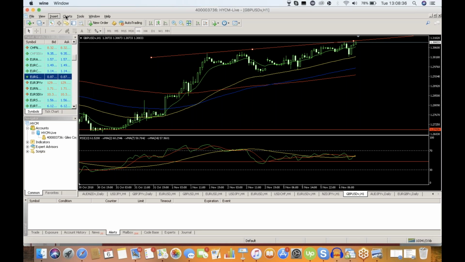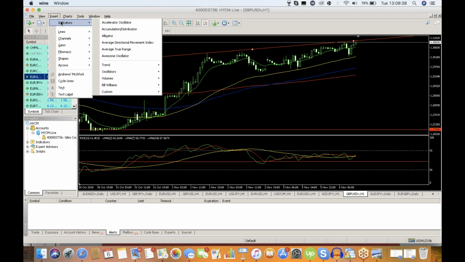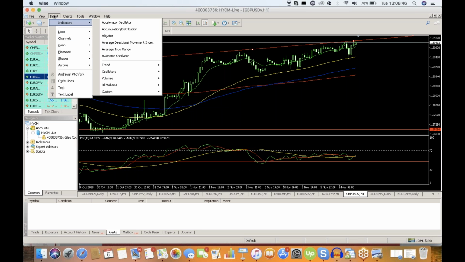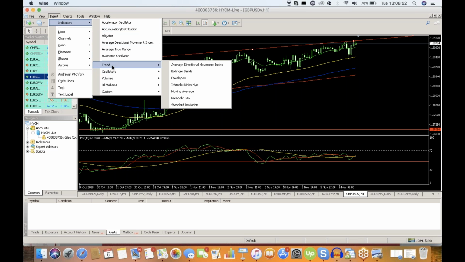We want to go to insert indicators, and then you go to trend. So on your chart, go insert indicators trend, and then once you've done that, you move across to moving average.